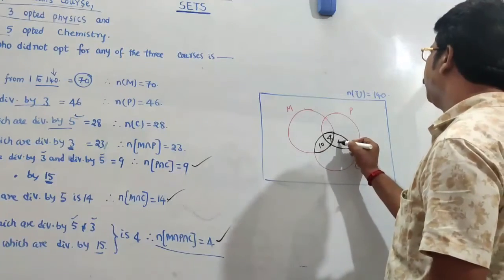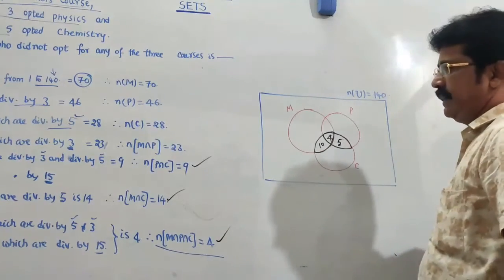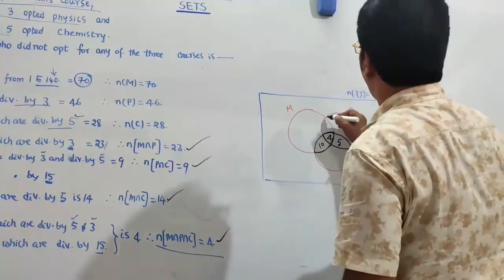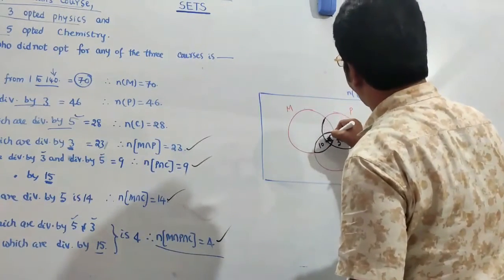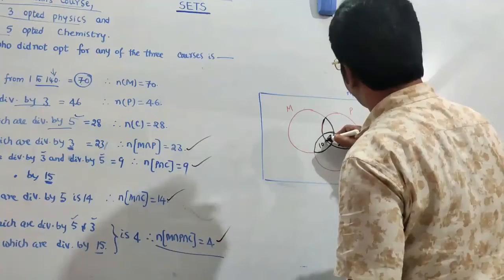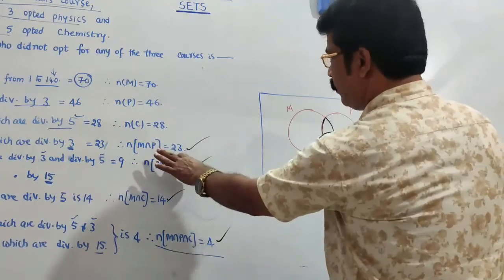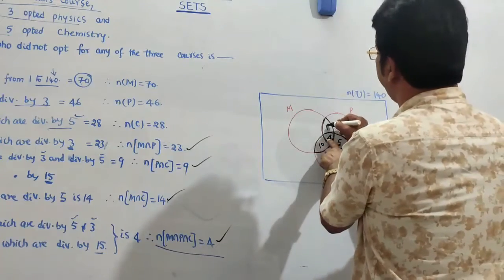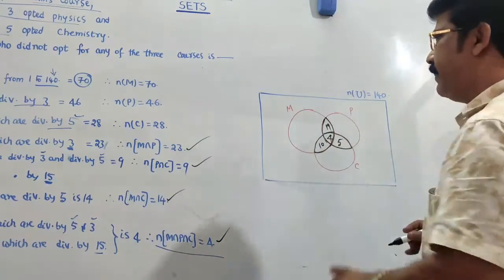Already 4 is over, so it is enough to fill 5. Next, MP is 23. M intersection P, this area is 23. Already 4 is filled, so therefore it is 19.